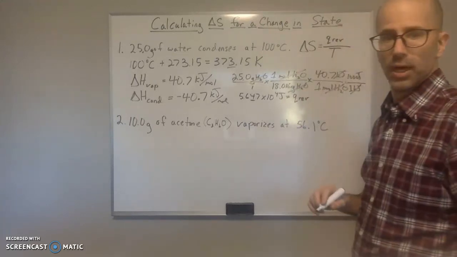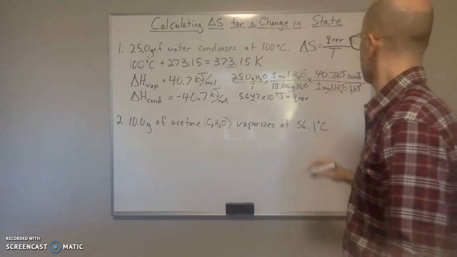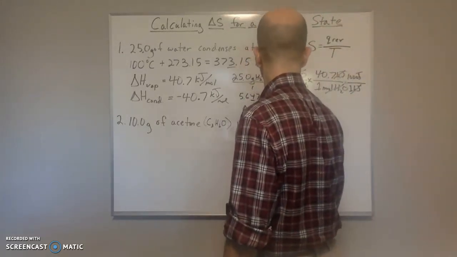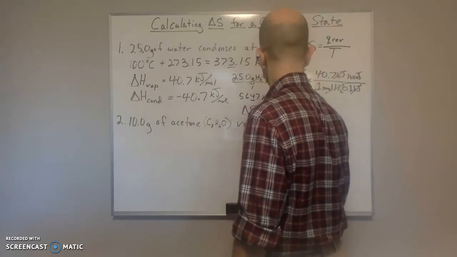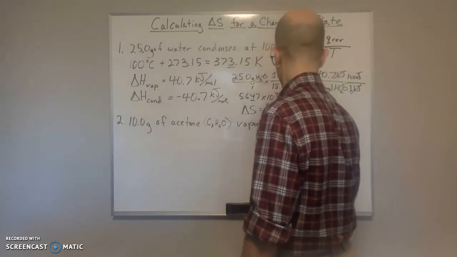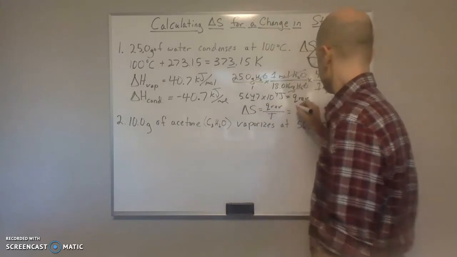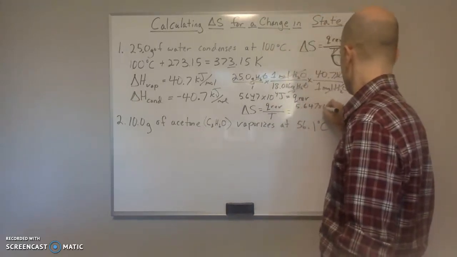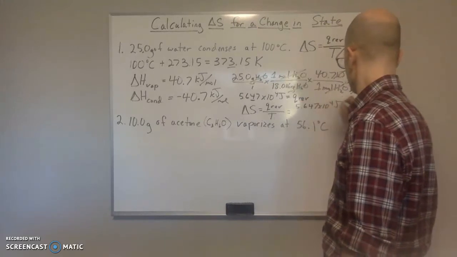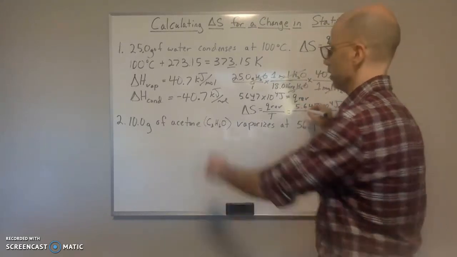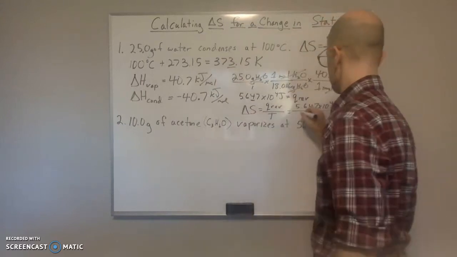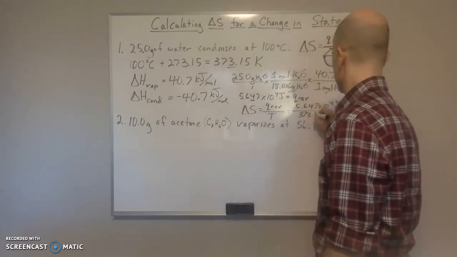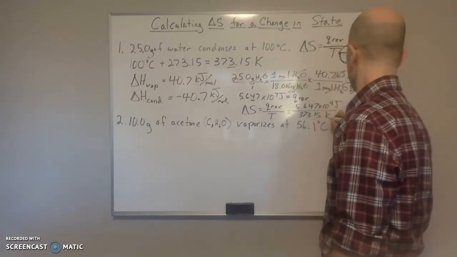reversible process. So delta S is equal to Q reversible over T. That's going to be 5.647 times 10 to the 4 joules over our temperature in Kelvin, 373.15 Kelvin.